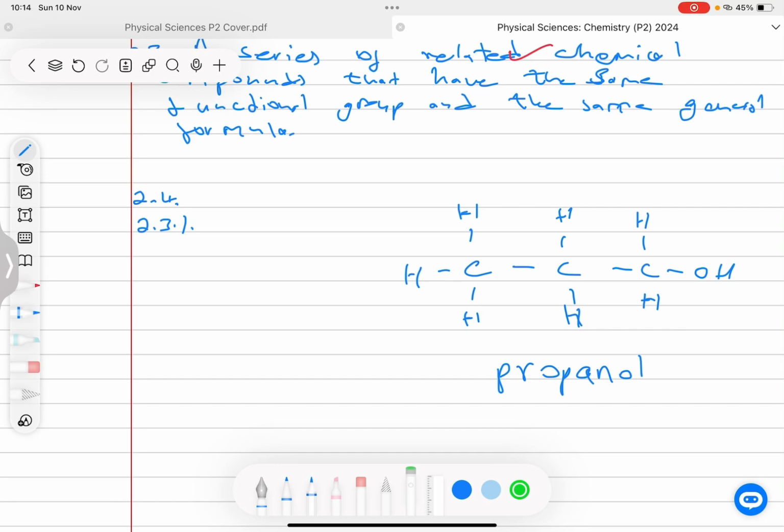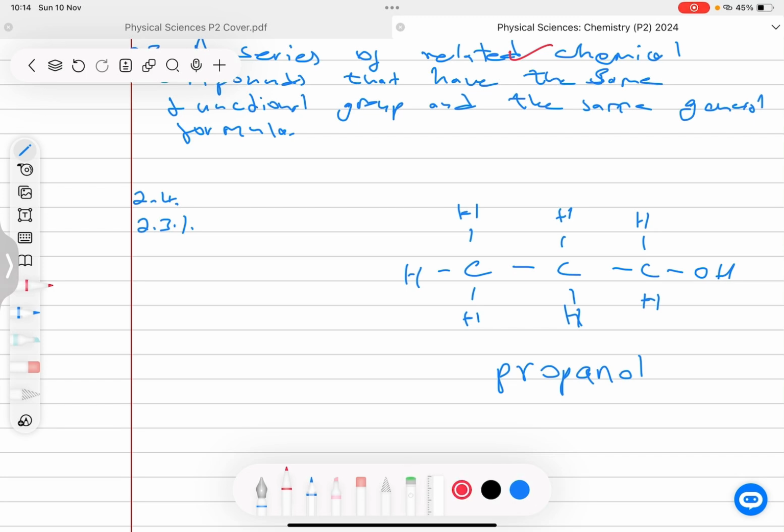Now here we don't have branch chains or anything like that, but we only have an alcohol. So now we're going to use this alcohol to count our carbons, right? When we count our carbons, because we need to count our longest chain here to arrange our carbons, we count them from the side that is closest to the functional group, right? So the side closest to the functional group is this carbon here.